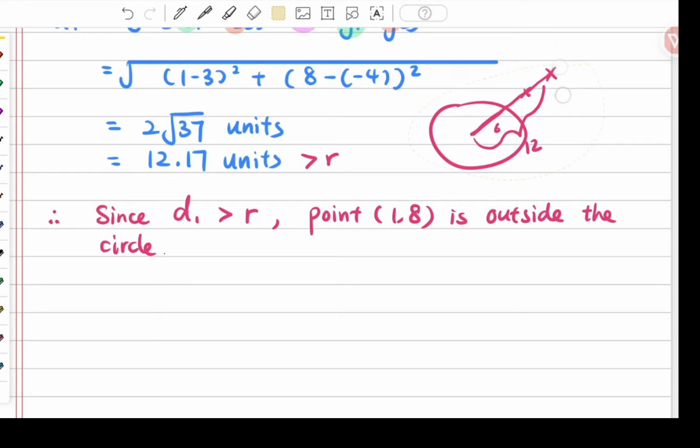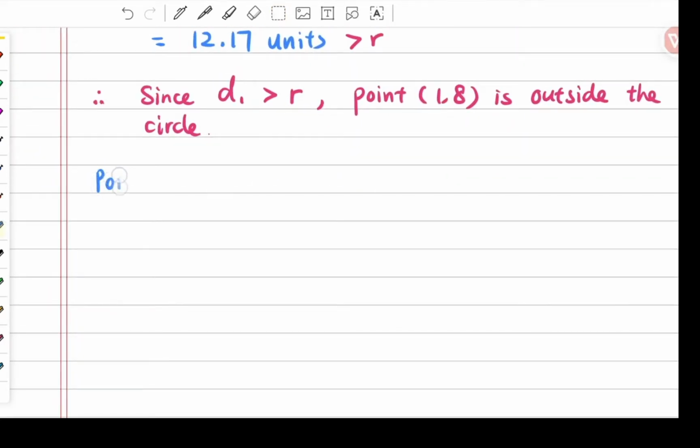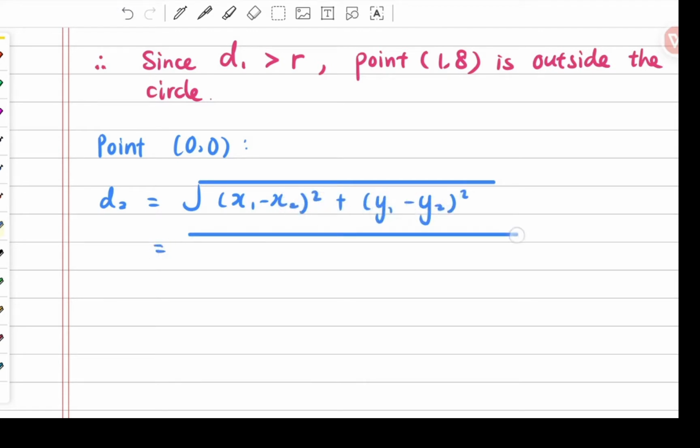Okay, and then we have point (0, 0). For this one, let's say we call it d2. So still using the same formula. So you get 5 units for your d2.